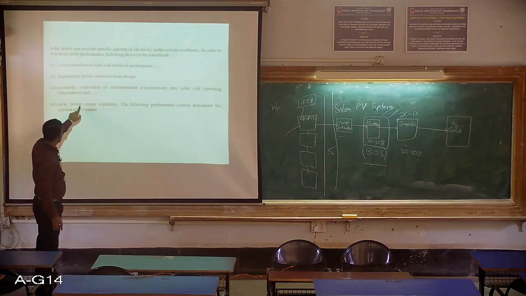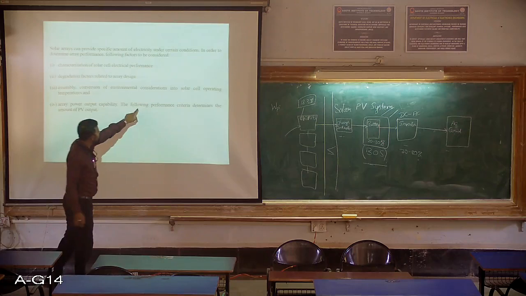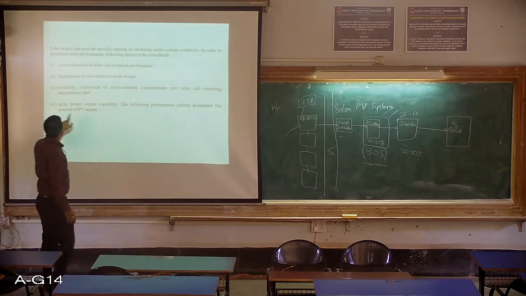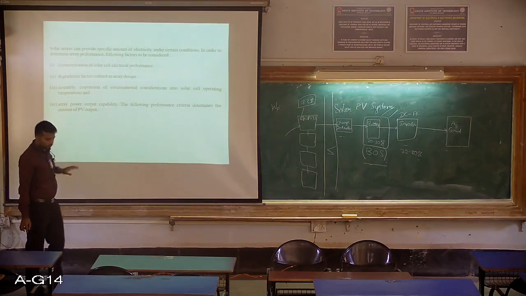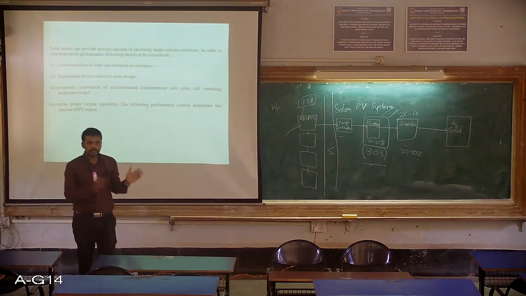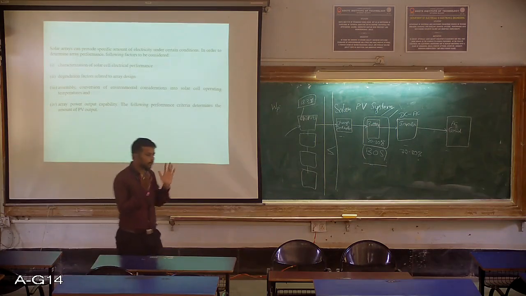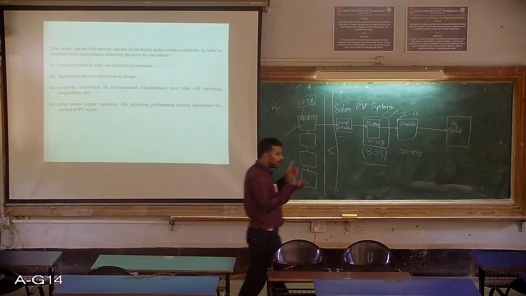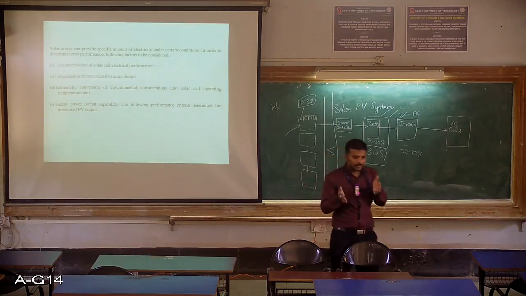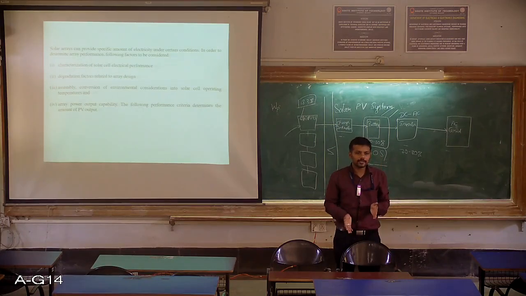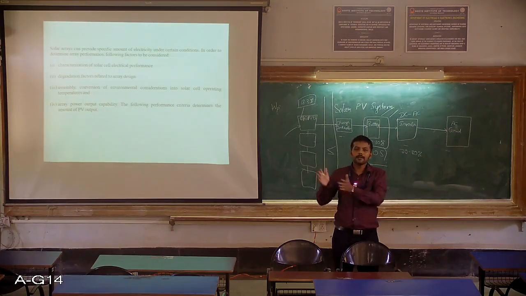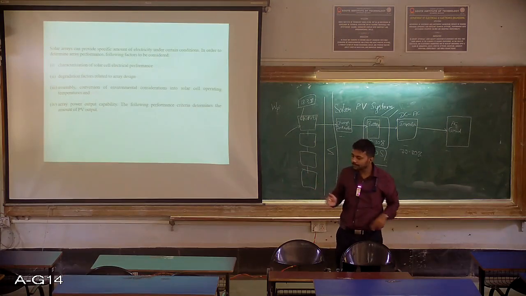And depending on the solar array power output, it is possible to find out the amount of PV output, meaning the entire plant output we can find out if we find out the solar array output. One array has some particular percentage of efficiency, and if we find out one array's performance, the remaining arrays and the entire plant setup performance we can find out.